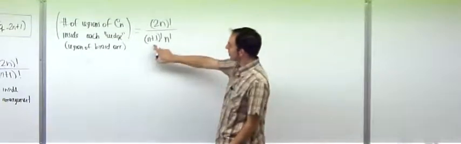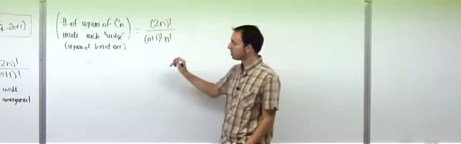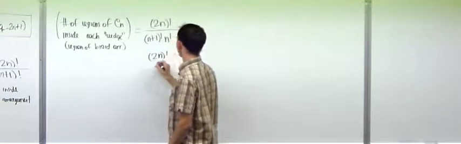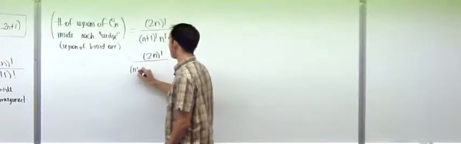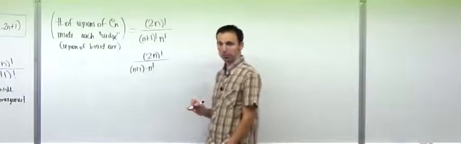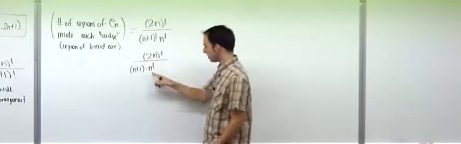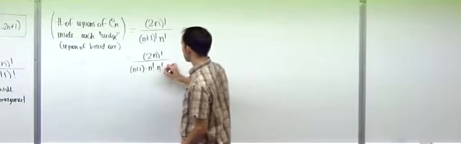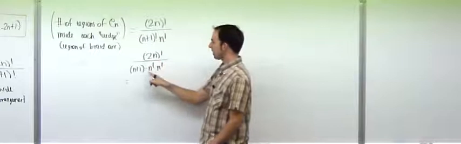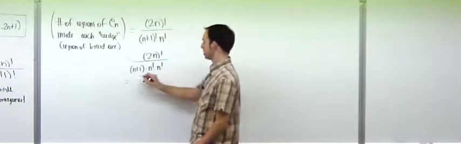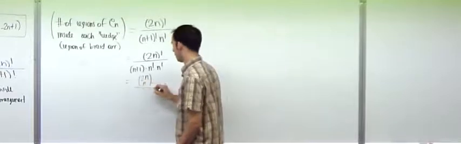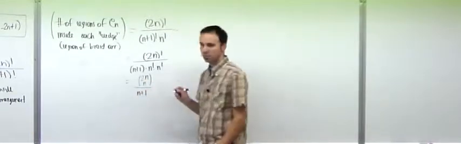If instead of writing n plus 1 factorial, I write it as n plus 1 times n factorial. Right? n plus 1 factorial is n plus 1 times n factorial. And then I keep the other n factorial. And then you see 2n factorial divided by n factorial is 2n choose n over n plus 1.